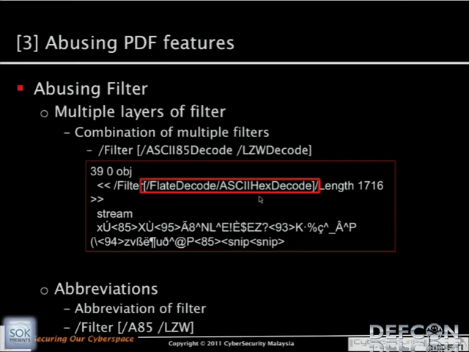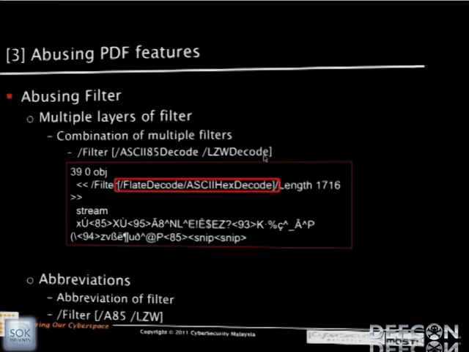You can also use abbreviations, like A85 for ASCII85Decode and LZW for LZWDecode. If you don't support these abbreviations in your parser, it would be difficult to decompress all these filters.